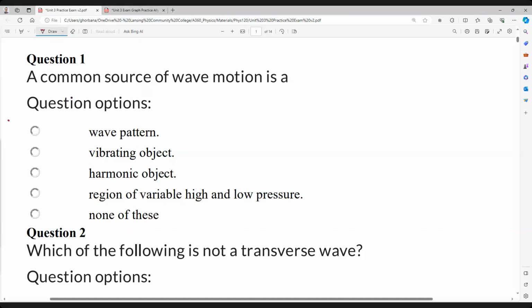A vibrating object is a common source, because we need to have an object which has a periodic motion, up and down motion, or circular motion. This is an example of a source of wave. So the right answer is going to be vibrating object. A harmonic object, as long as it's not moving, is not the source of wave. Or a region of variable high and low pressure? No. So the perfect answer is the vibrating object.